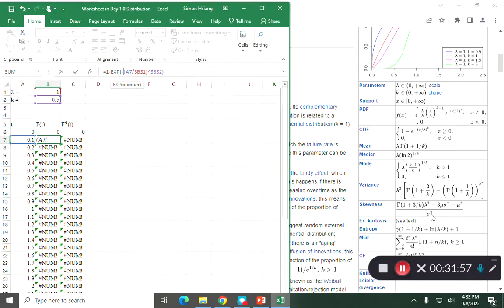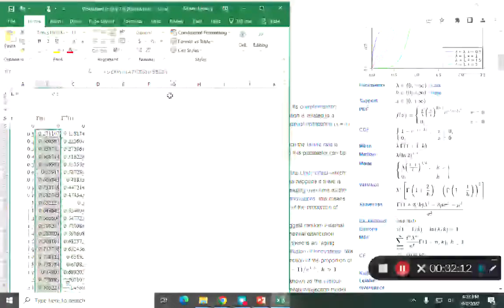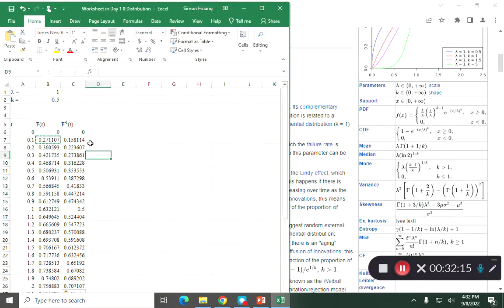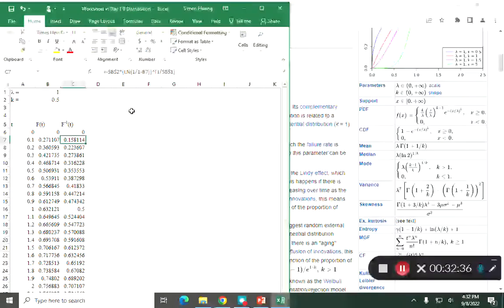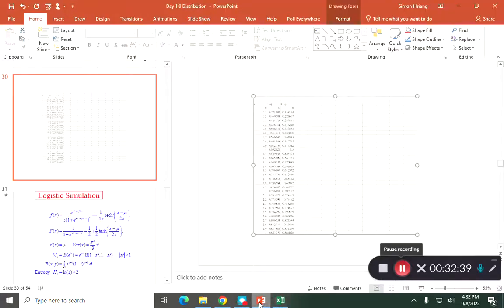Exponential. I want to say I'll leave it to you as homework, but I know what I did: I added another parentheses outside. That works. Okay.